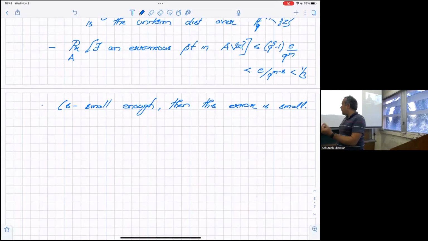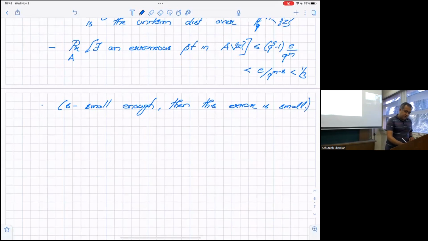So at a particular point, you get it correct. If S is small enough, then this error is small. But on the other hand, we also need the following fact. S is the dimension of the space.